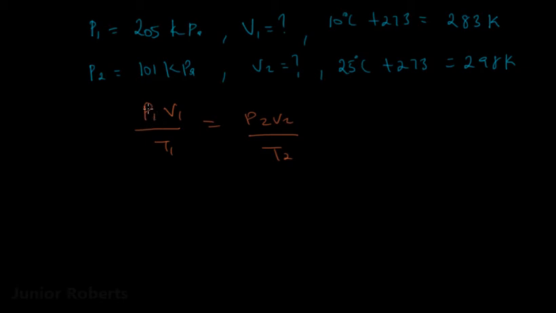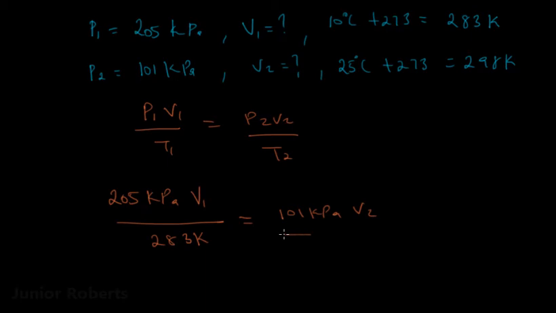So we can start by filling in our values. P1 would be 205 kilopascals, V1 would be unknown, and T1 would be 283 Kelvin, and that is equal to P2, which is 101 kilopascals, times V2 divided by T2, which is 298 Kelvin.